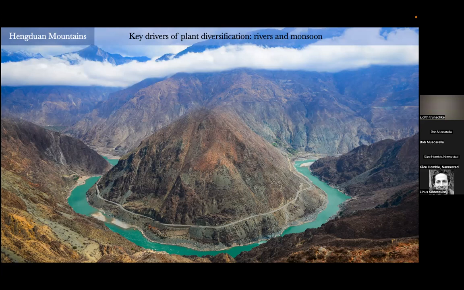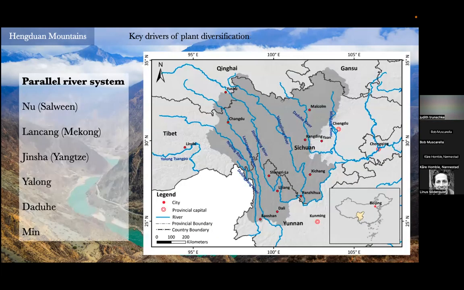Anyway, this is the first bend of the Yangtze River, so very popular. Exactly these are also the two key drivers said to be the drivers of plant diversification in the area: the river system and the monsoon climate. So what's so special about this river system?